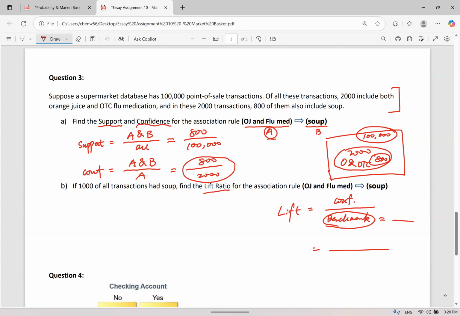right? And that is just the number of observations that contain soup divided by all the transactions, right? So how many transactions contain soup? Remember, we have the actual information, right?